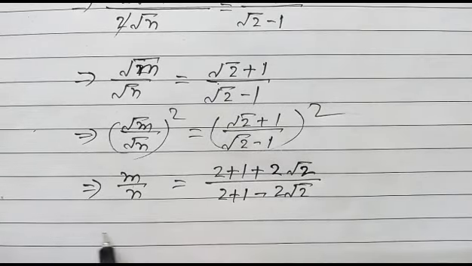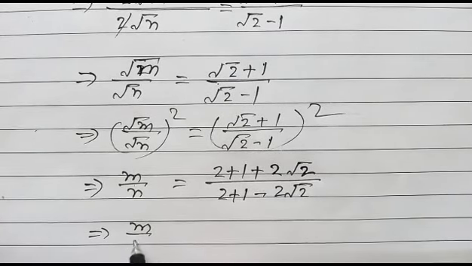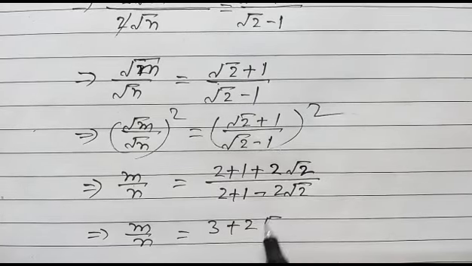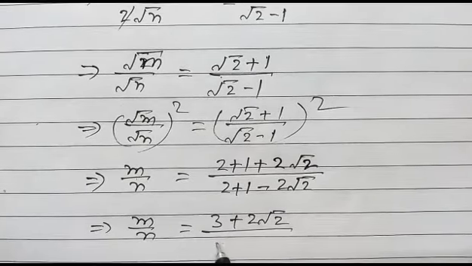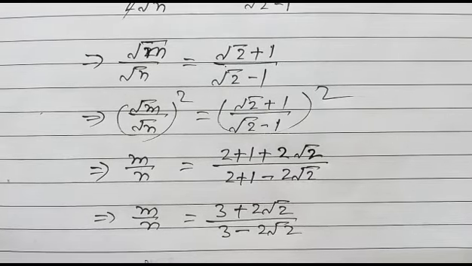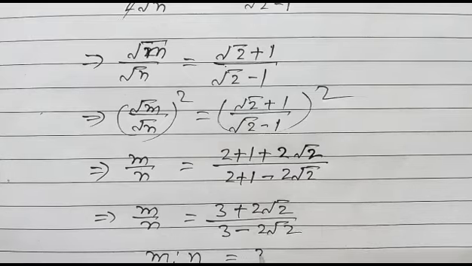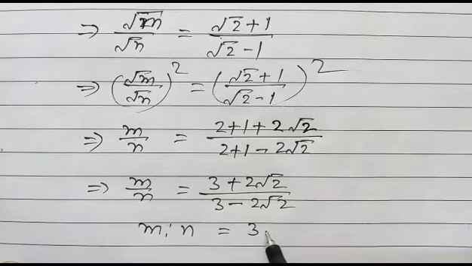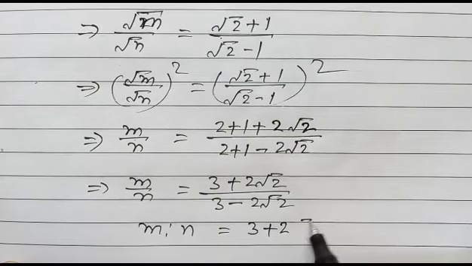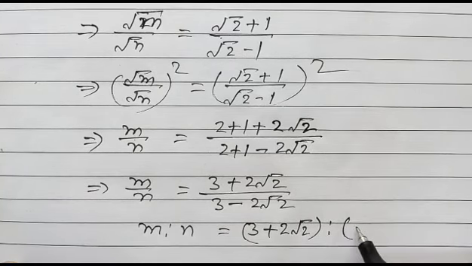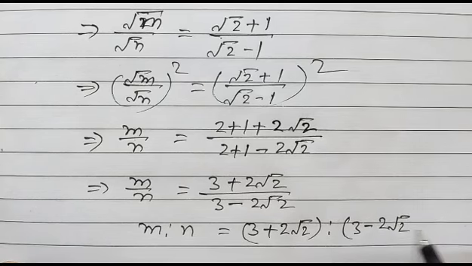So m over n is equal to (3 plus 2 square root of 2) over (3 minus 2 square root of 2). So m is to n is equal to 3 plus 2 square root of 2 is to 3 minus 2 square root of 2.